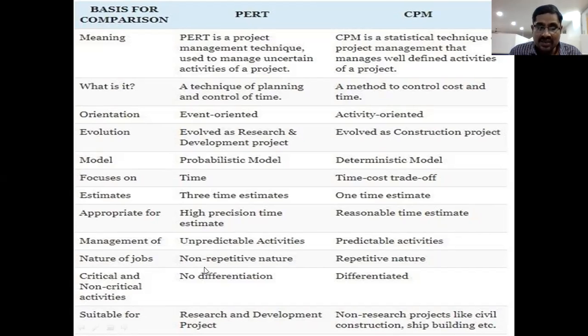And next, the nature of the job means here PERT is non-repetitive in nature and CPM is for repetitive projects. Already I told you on the previous slide, repetitive nature means repeating the activities. The best example is the construction of flyovers, bridges. And for non-repetitive activities, the best example is satellite development, right?